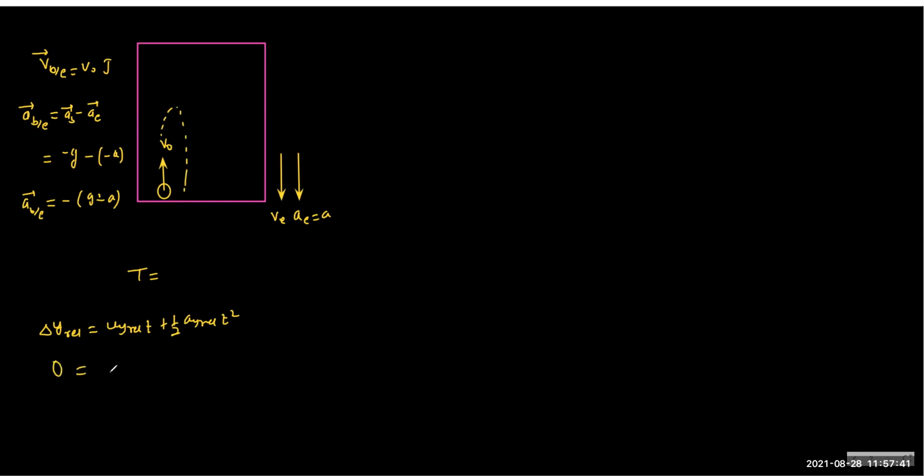What is u_y relative? It's V naught. And what is a_y relative? Whatever it is, just write it. No need to worry about the plus or minus sign, because this entire expression will take care of all the signs. Because we are writing BE, it means we are maintaining the order. We are not writing EB.